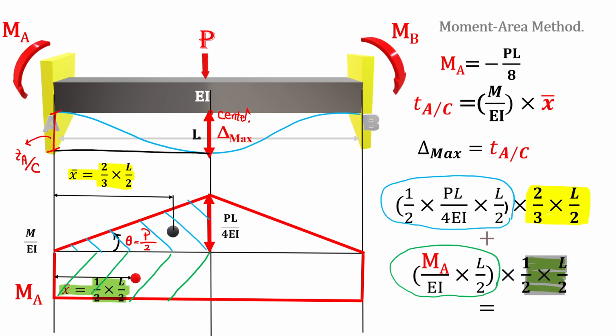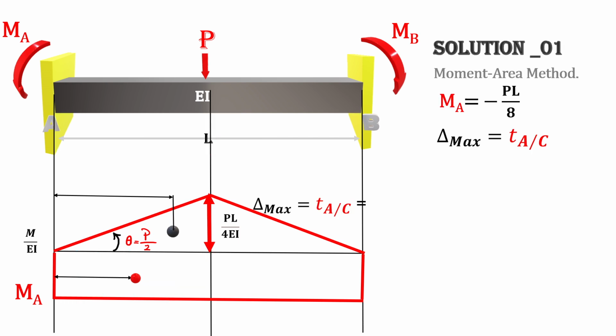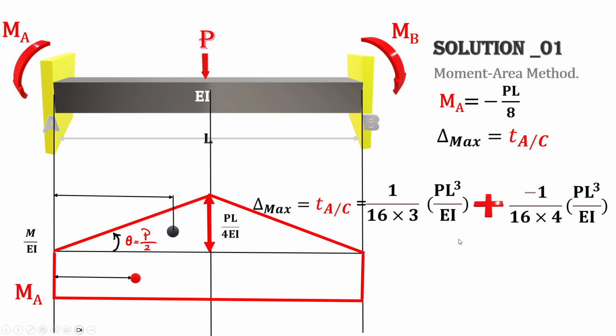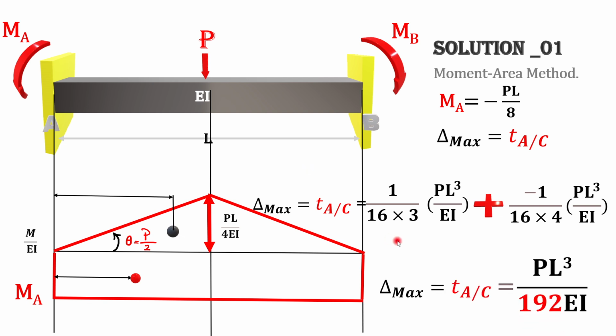If you do the math, it gives you delta maximum equal to TA with respect to C. Taking the numbers out, that's PL cubed over EI times 1 over 16 times 3 plus negative 1 over 16 times 4, and if you do the math, delta maximum, the tangential deviation of A with respect to C, for a fixed support with a concentrated load, is equal to PL cubed over 192 EI.